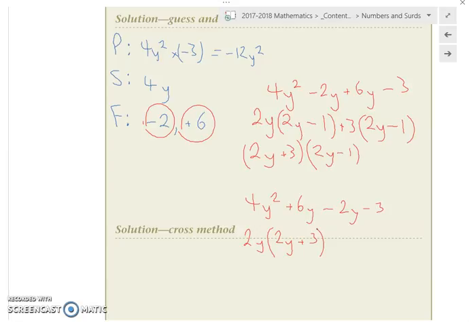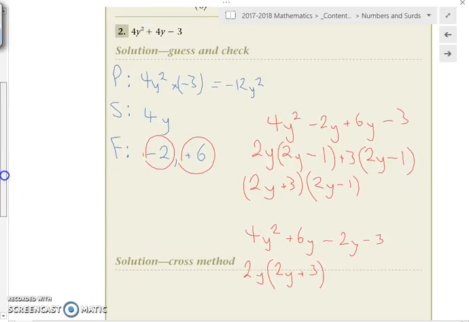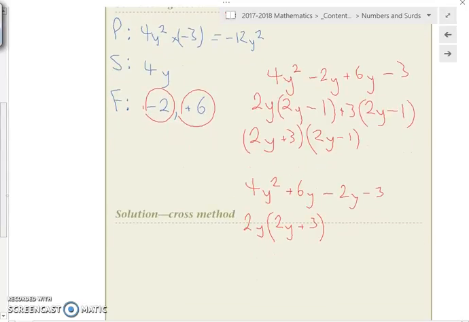Sorry, I'm standing in the way. Negative 1? So what would that give me? Okay, well done.